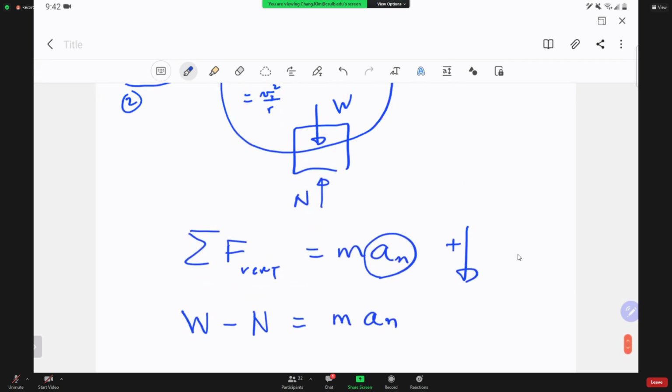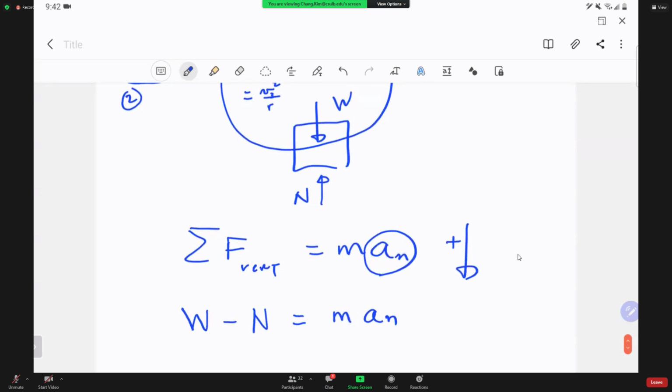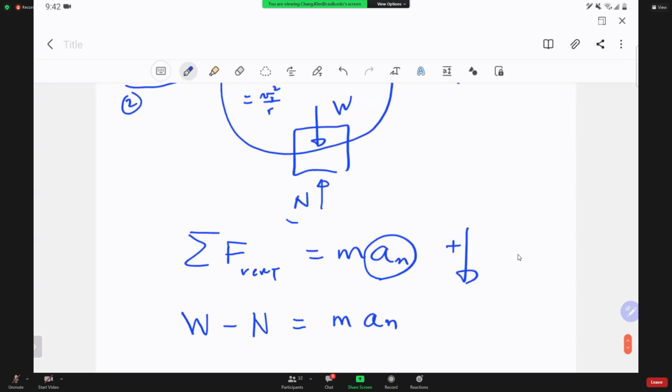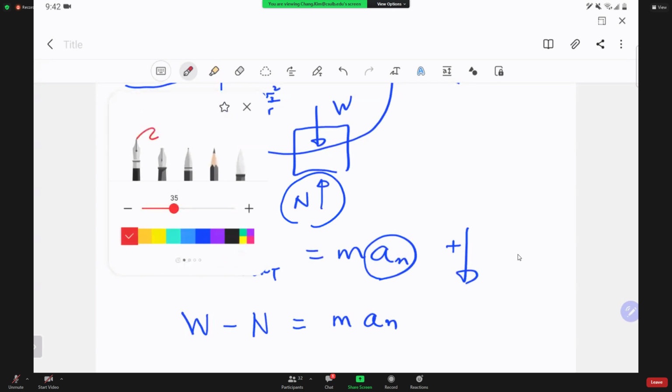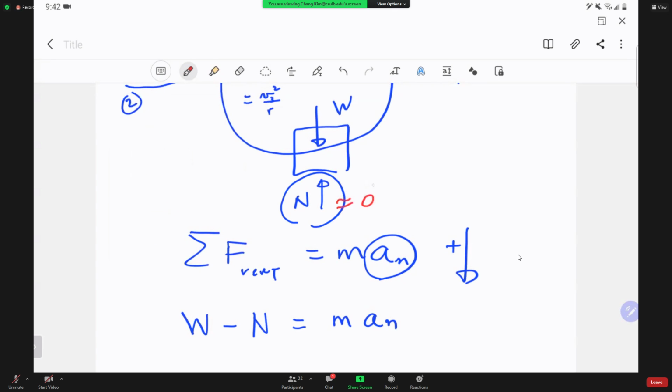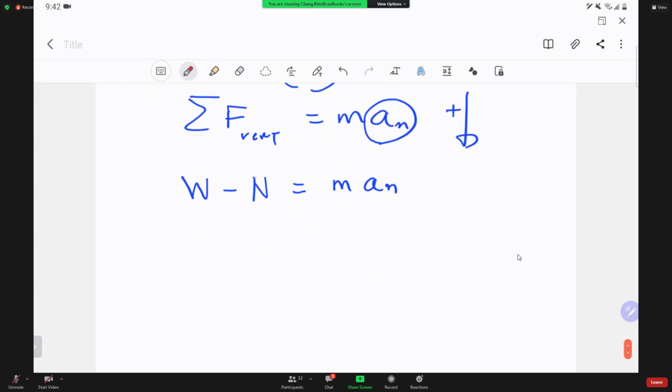Now, for safety purposes, we want N to be equal to 0. If N is greater, then you're pushing the carts off the rail and you're going to be in the air. That's not really a good situation. So we're going to set that equal to 0 for the minimum safe value that we wanted to compute.